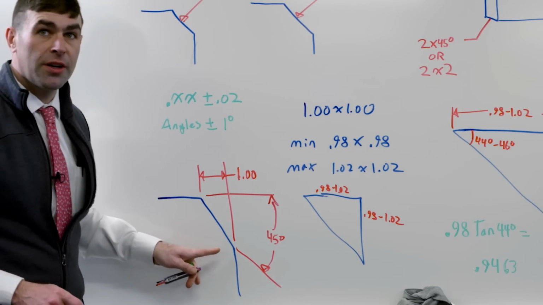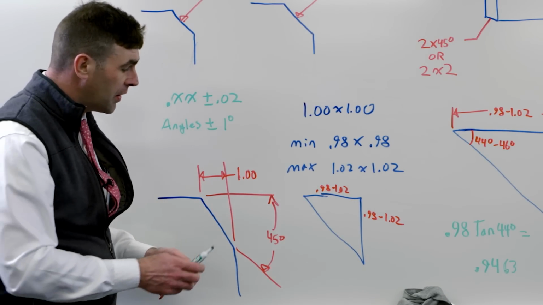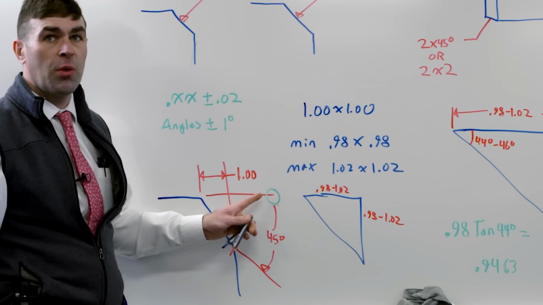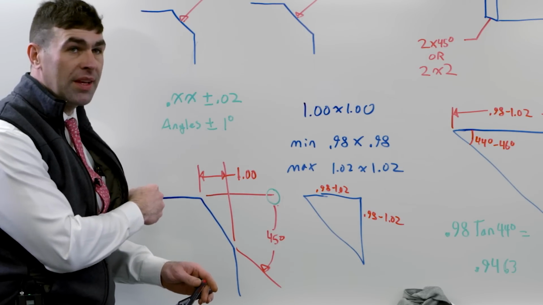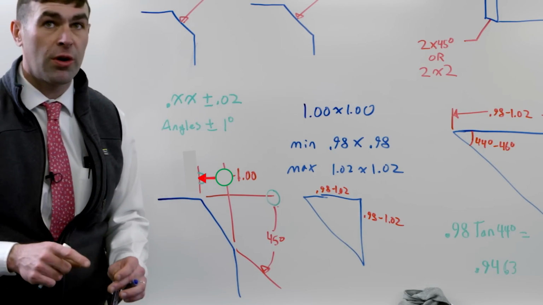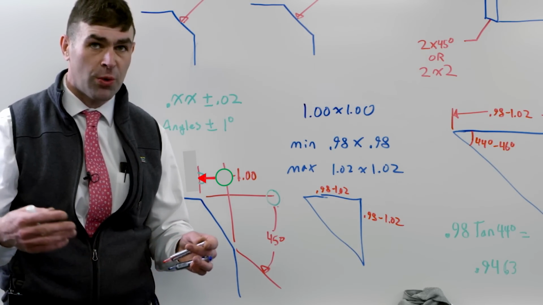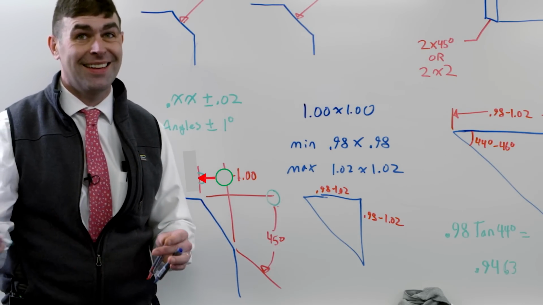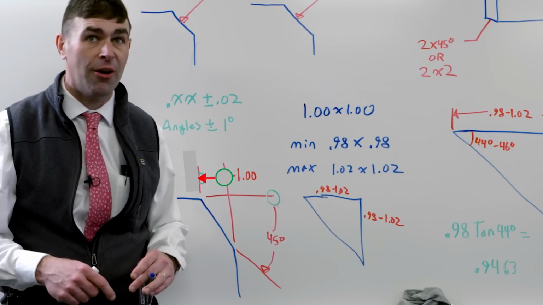Here's how we would show that with dimension, so an angle and a linear dimension. With the dimension origin, we're just going to replace one of the arrows with a circle. And that's telling us to measure from this side. We do the same thing here, right? Dimension origin symbol. And if you see several of the figures in Y14.5-2018, these dimension origin symbols crop up where they did not in previous versions of the standard, although the symbol has been around for a while.